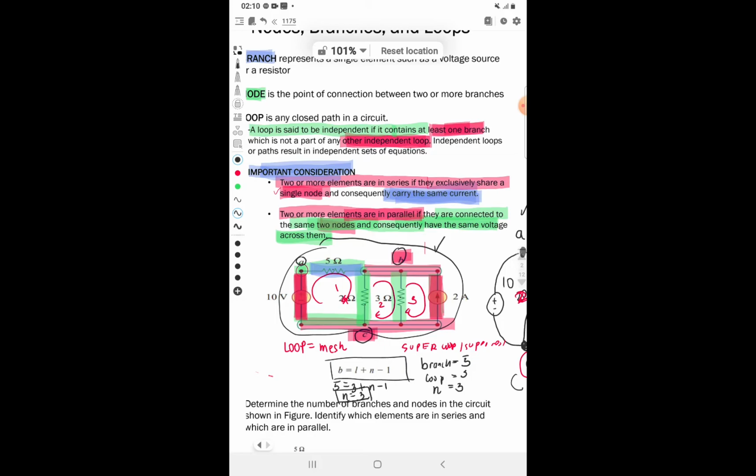Important consideration. If two or more elements are in series, they are exclusively sharing single node. If two or more elements are in parallel, they are connected to the same two nodes of the two elements of any of the element or to the series combination of two elements.